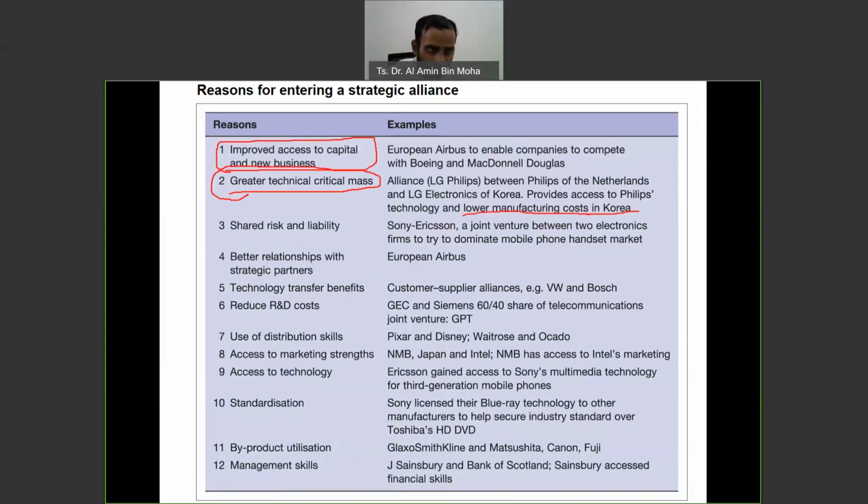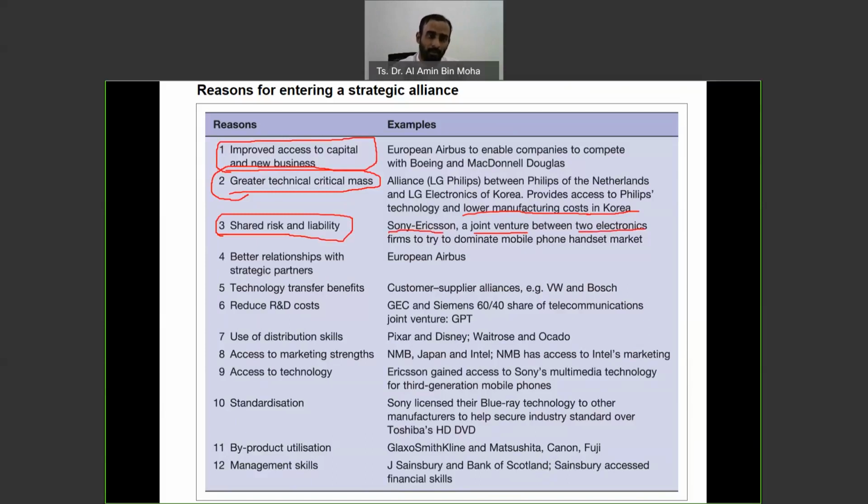What else? The other reasons: shared risk and liability. What are the examples? Sony Ericsson, a joint venture between two electronics firms to try to dominate the mobile phone handset market. The joint venture between two electronics firms means that they share the risk and liability, but at the same time, they also share the profits, right?